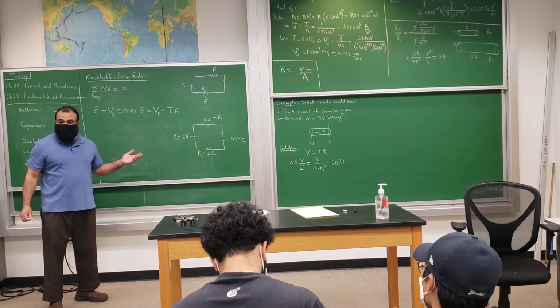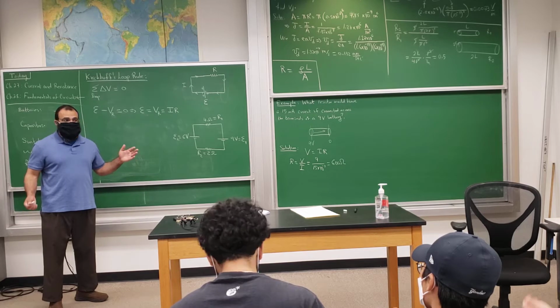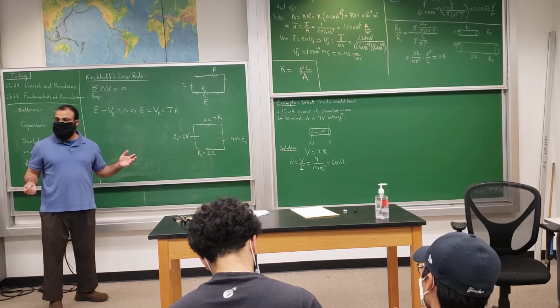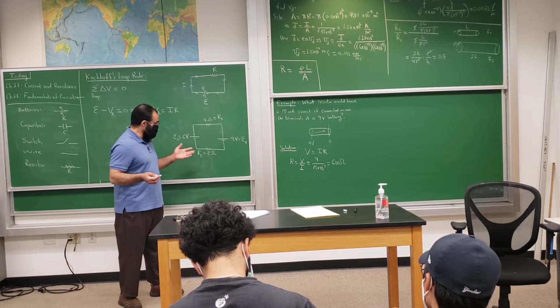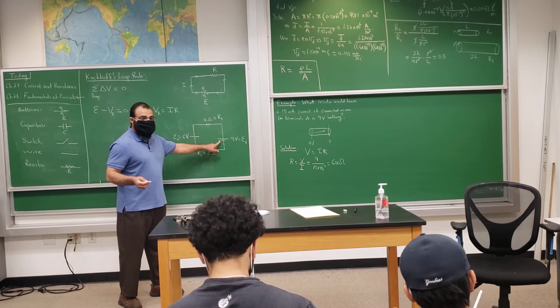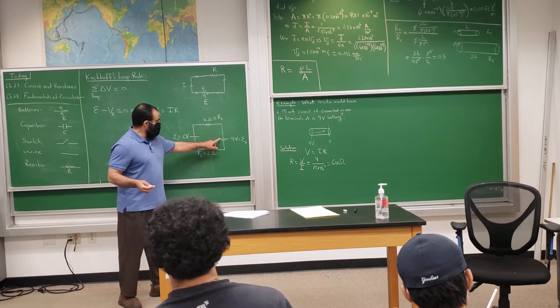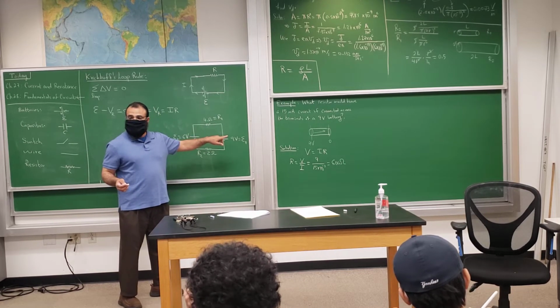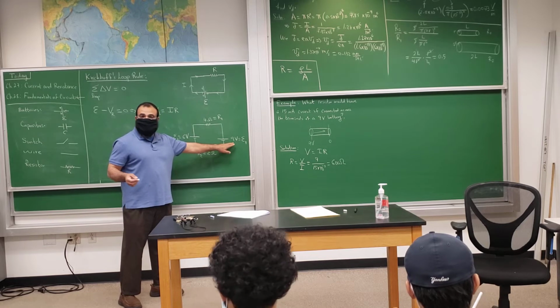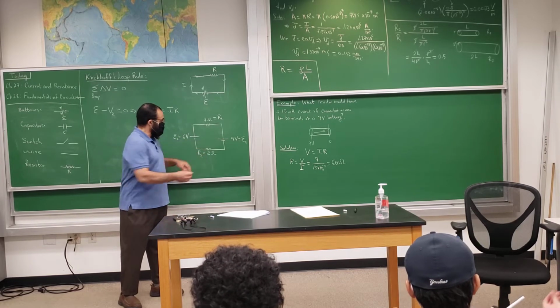Intuitively, I will know, but technically, I can let the math do the job for me. Intuitively, here is my thinking. This is a stronger battery than this one. So this one would win, so the current will flow counterclockwise. This one is 9 volts, this is the bigger pump. So this is the positive end.